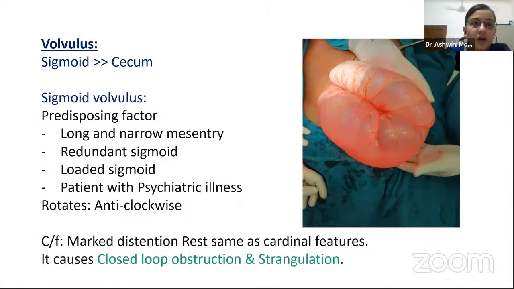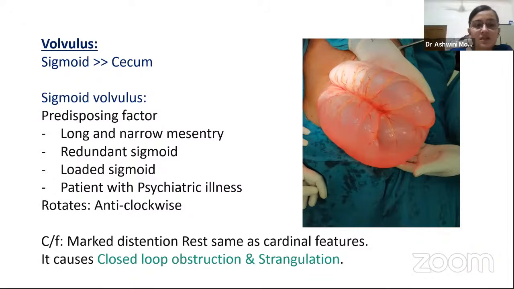After that, in adults, we sometimes see cases of obstruction with volvulus, a large distended abdomen. Volvulus is most commonly seen in adults. The sigmoid colon is more commonly involved than the cecum. What are the predisposing factors for sigmoid volvulus? They are a long and narrow mesentery, redundant sigmoid, loaded sigmoid colon, and patients with psychiatric illness.